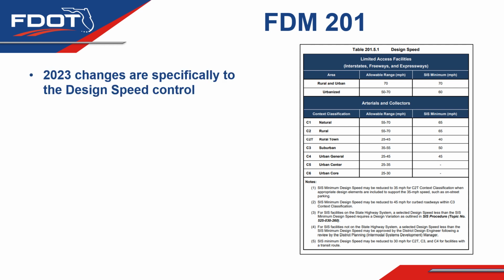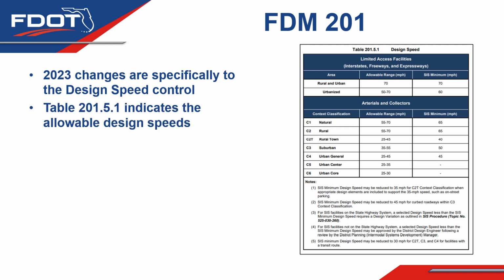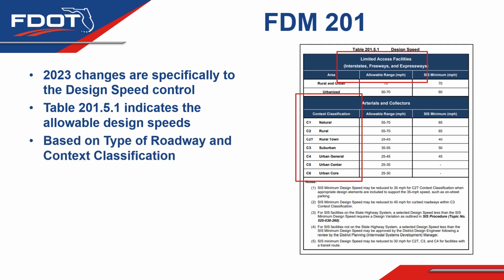The changes for 2023 are specifically related to the design speed control. Table 201.5.1 indicates the allowable design speeds on our FDOT roadways. These are based on the type of roadway that you have and the context classification.